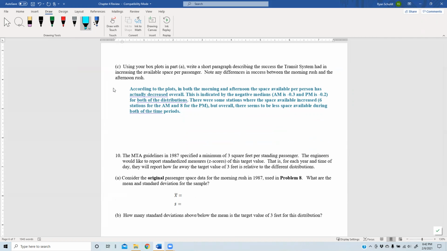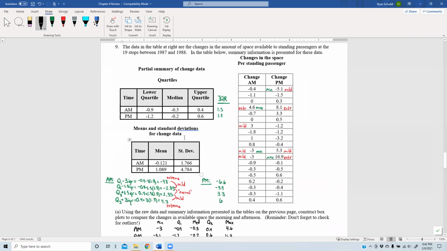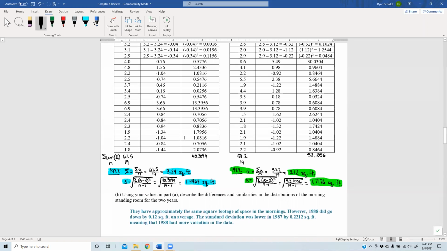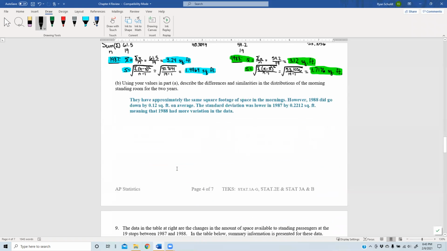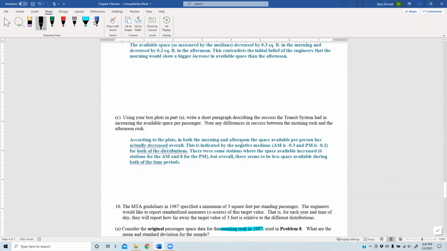This is already computed, so per 8A, what was X bar in 8A? For 1987, X bar was 3.24 square feet. So let's put that down here.